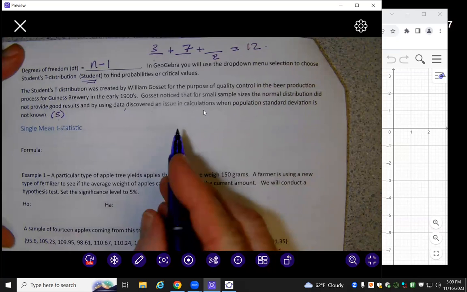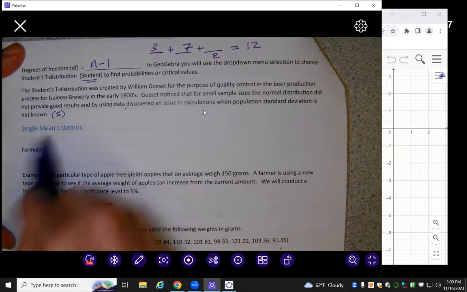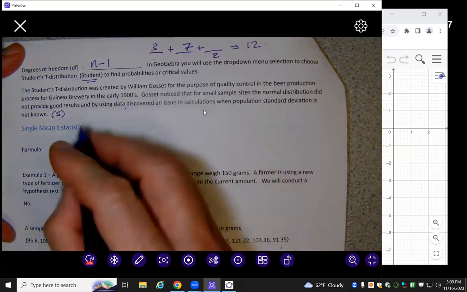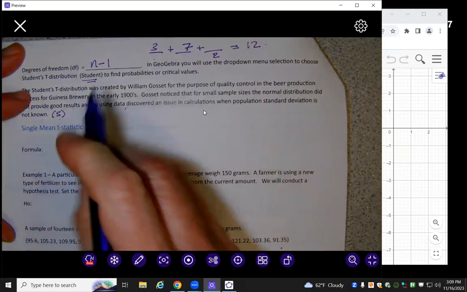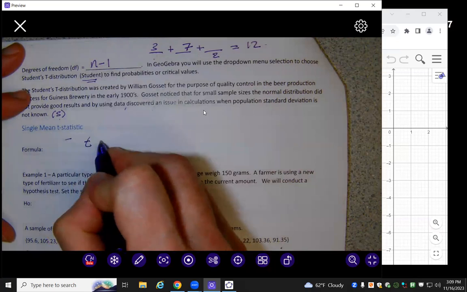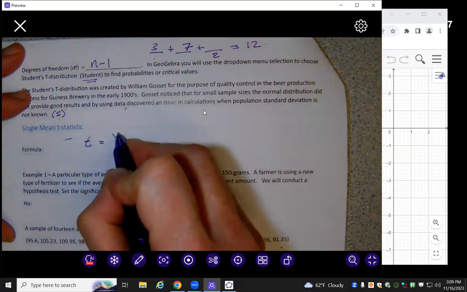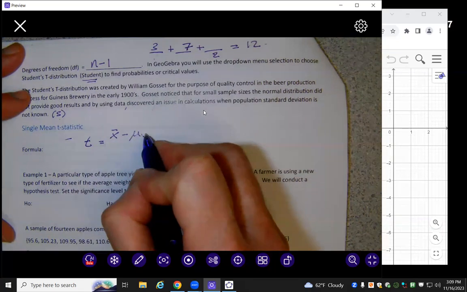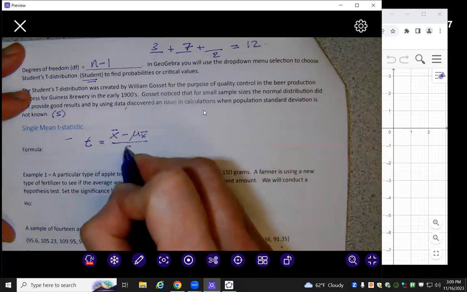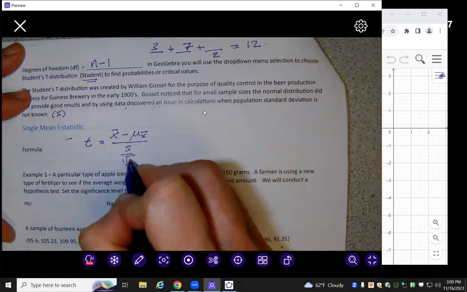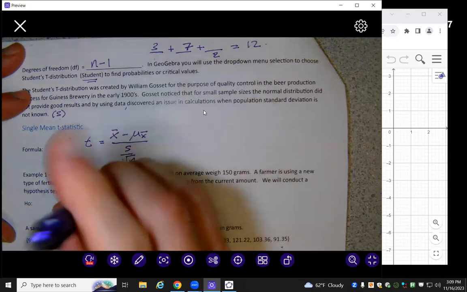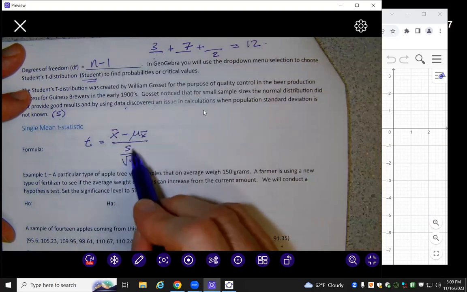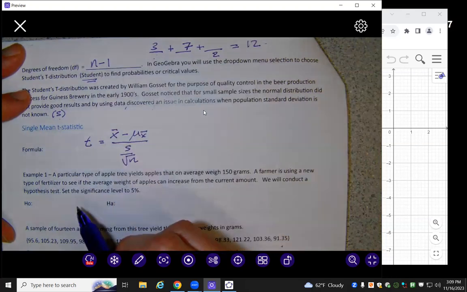And let's say I'm looking at a single mean T statistic. What is the formula for my single T statistic? Well, it looks like this. Notice it's going to be pretty much as it was before for sample means. What's the big difference? It's that we're going to use the sample standard deviation.